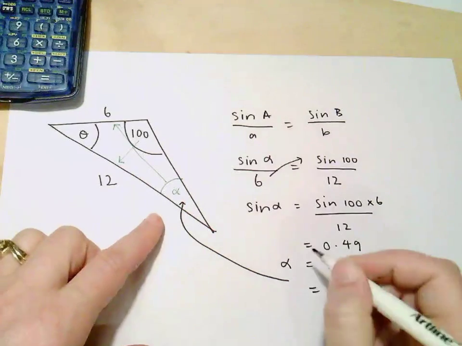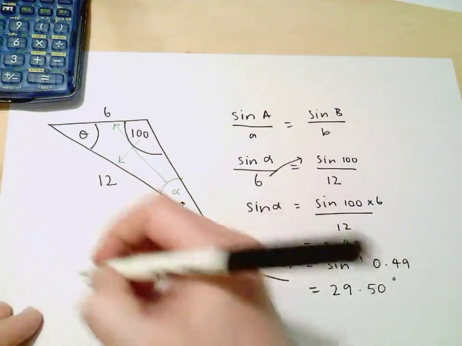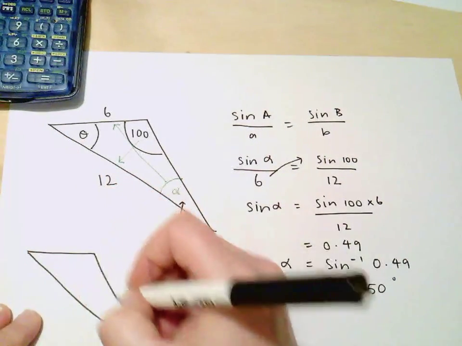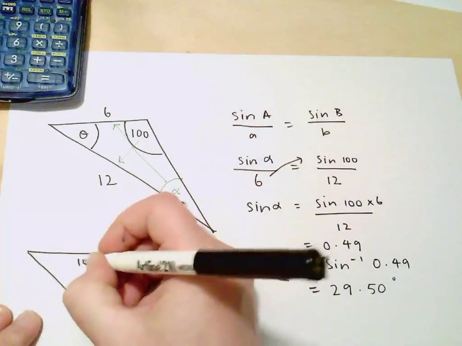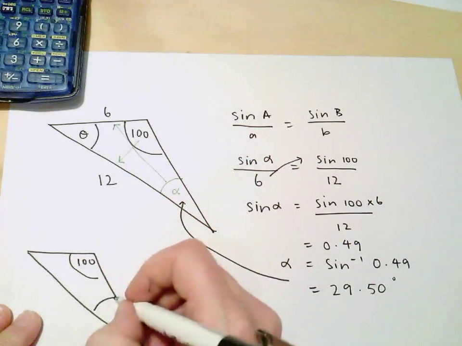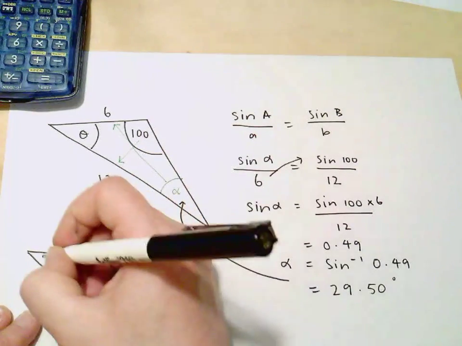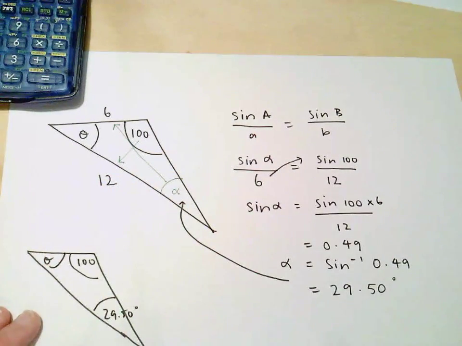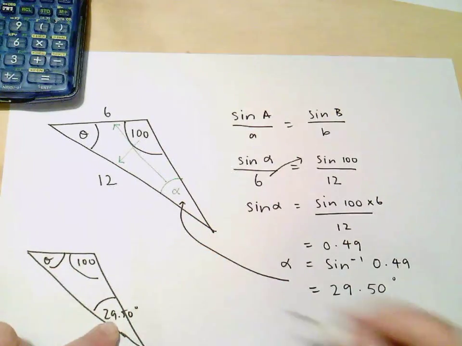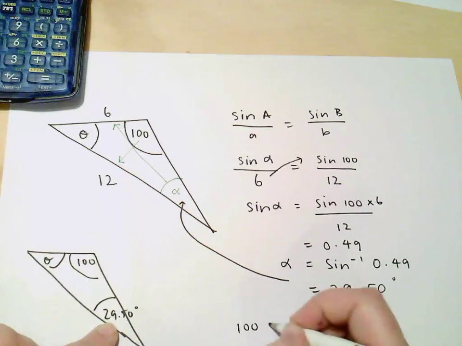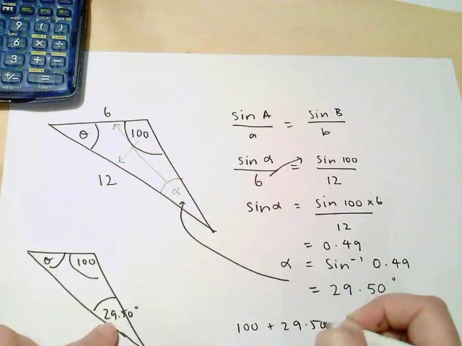Okay, now once I know that this one here is 29.50 degrees, I can work this out, because now I'm left with a triangle that has an angle here of 100 and an angle here of 29.50. I know that the three of them have to add up to 180, so this plus this gives me 129.50.